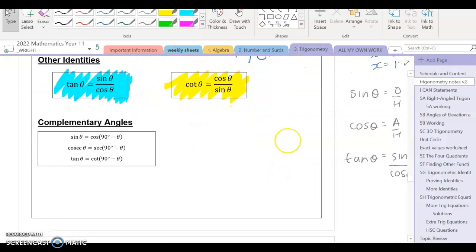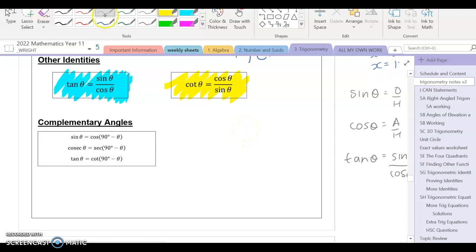Okay, I just want to quickly look at some complementary angles as well. We've actually looked at these complementary angles before. You guys have actually been using these since probably year 8, you just probably don't know it. So let's have a look at the first one. Sine of theta equals cos of 90 minus theta.